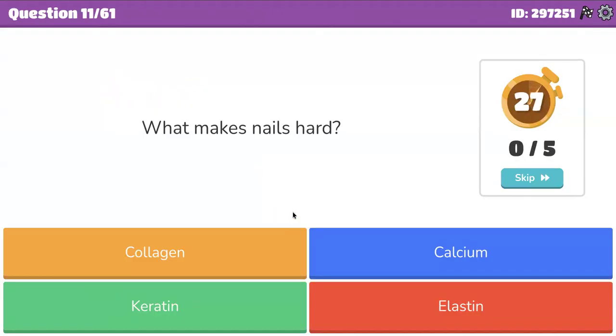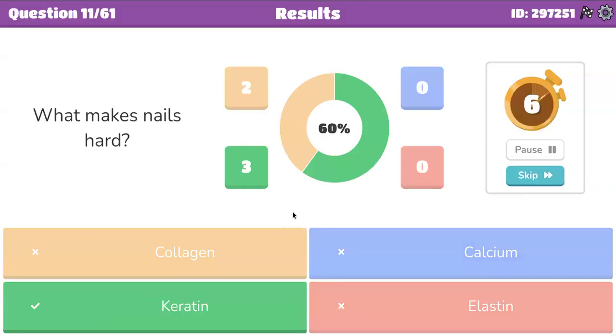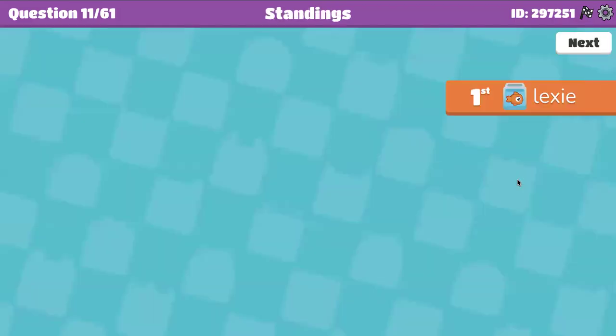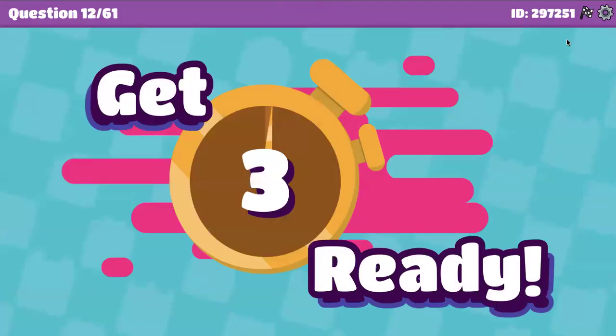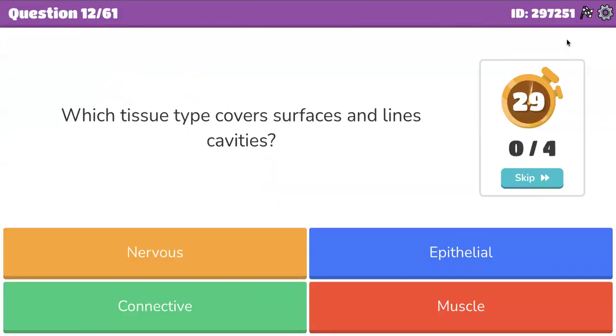What makes nails hard? Yep, keratin. Keratin is the material that makes nails hard. Which tissue type covers surfaces and lines cavities? Is it nervous, connective, epithelia, or muscle?